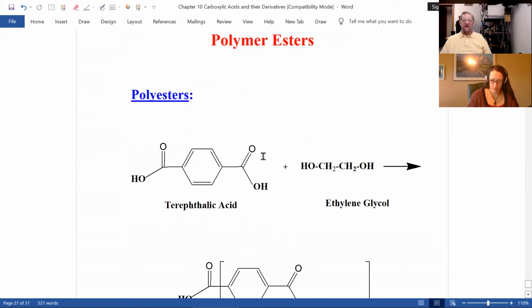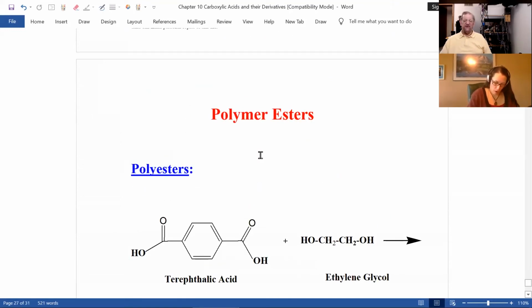Now, it turns out I've been sheltering you from some of the realities of life in organic chemistry. You can have more than one functional group in a molecule. You don't have to write down what I'm going to be doing, but I want you to learn something important. If we look at the screen, everybody see polymer esters?